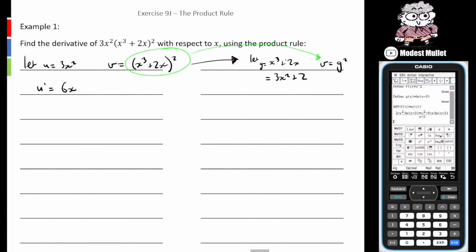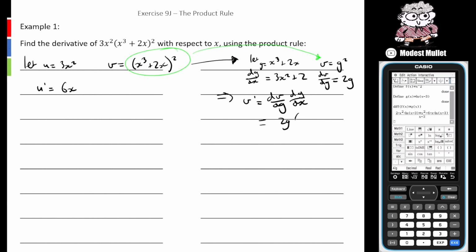Change the notation just a little bit. This is dg dx, and dv dg is going to be equal to 2g. So it follows that v dash is equal to dv dg times dg dx. I'll change the order for consistency's sake, normally we do dv dg first, then dg dx.